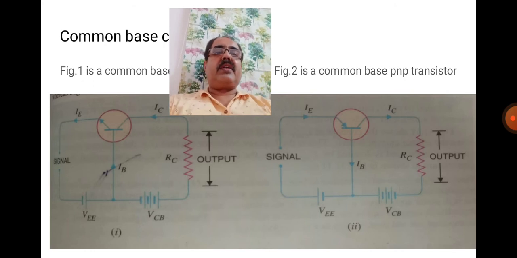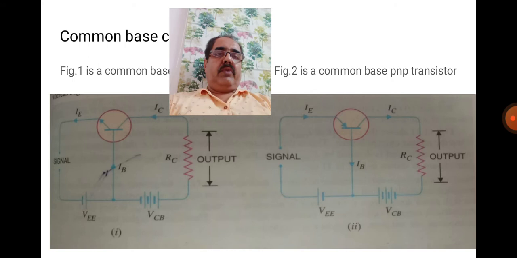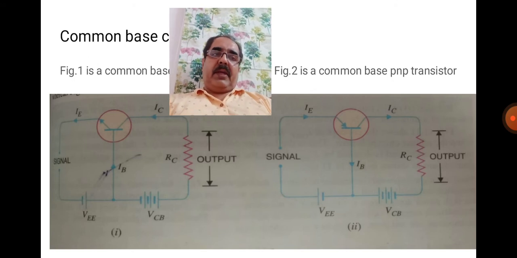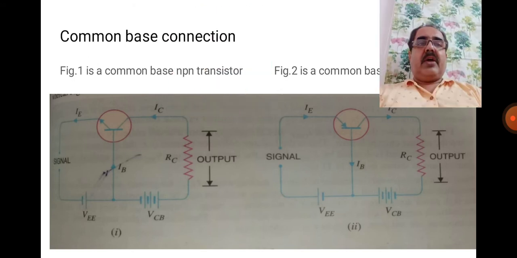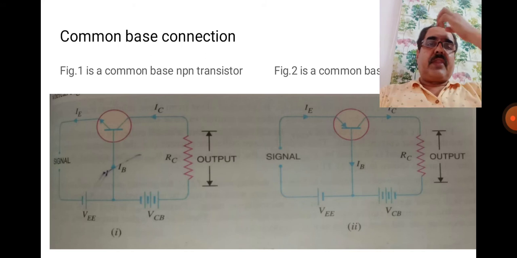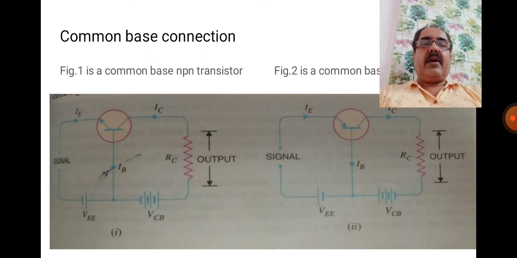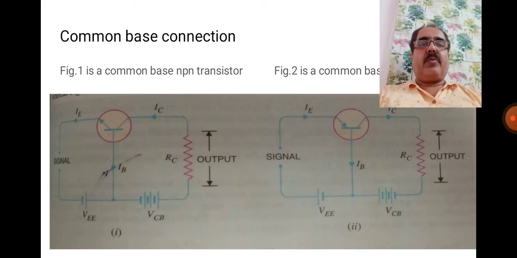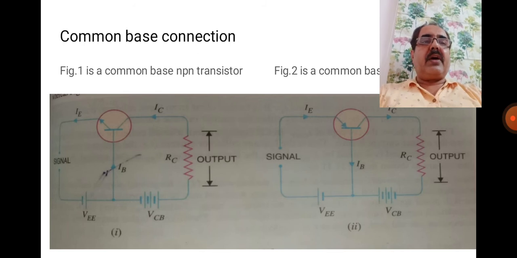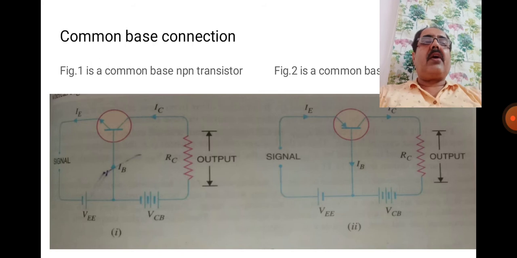That's why we have to consider this figure 2. We have to consider the common base PNP transistor. Here you have to observe that there is an input and output terminal, and in this figure the base is common.